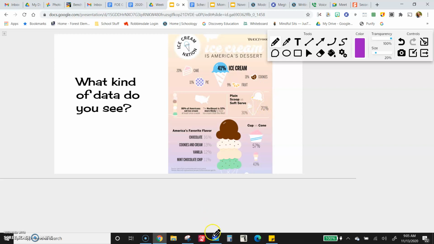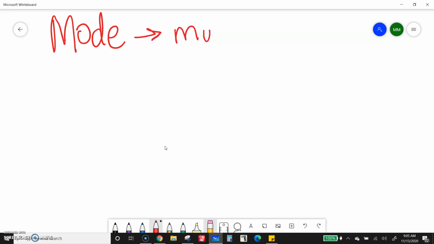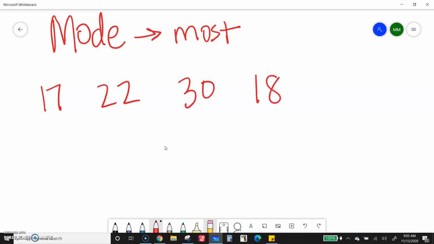All right. Today, though, we're talking about mode. Now, mode, if we look at a data set, is the number that appears the most. So, if I have 17, 22, 30, 18, and 17, that's my data set.